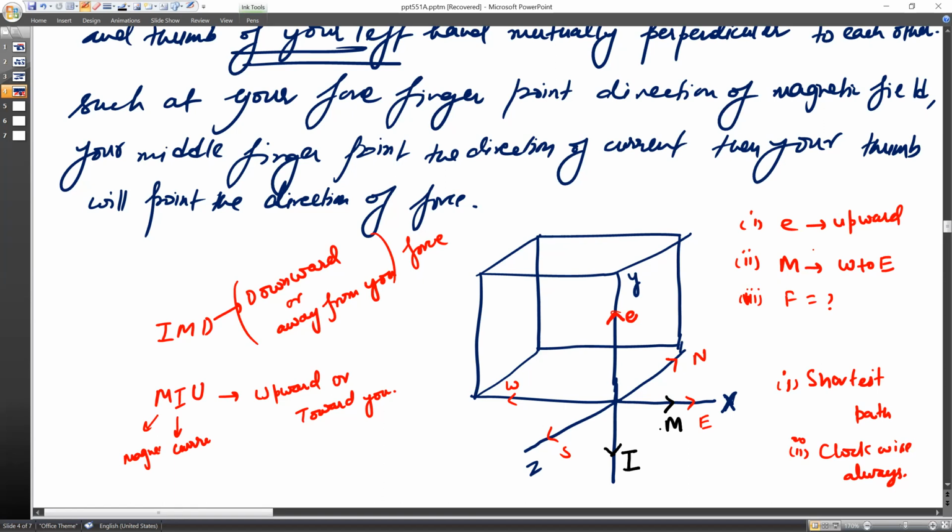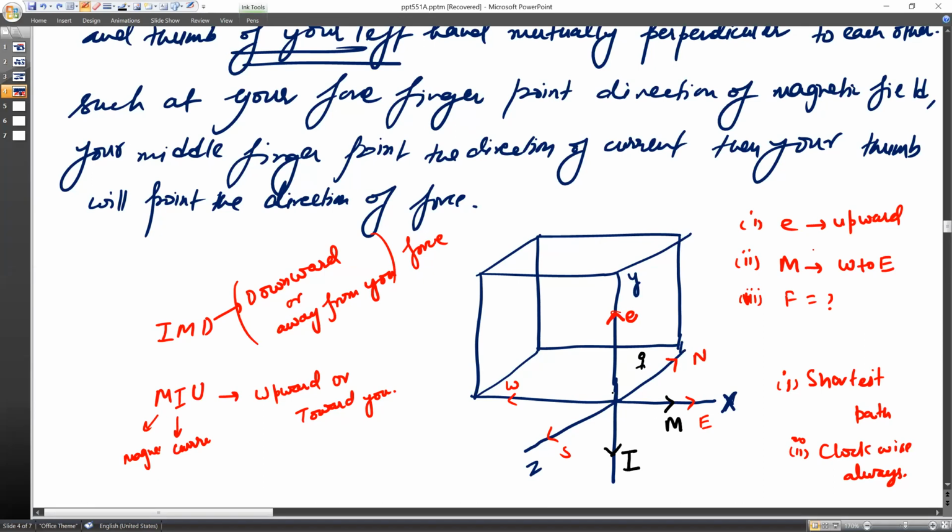So if you are standing on the top, and you make a circle like this, because this is a sheet of paper over you, then you can take MIU. The current is going downward into the plane, and the magnetic field is this one.